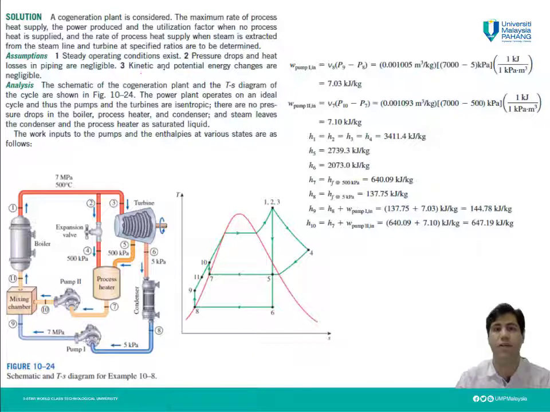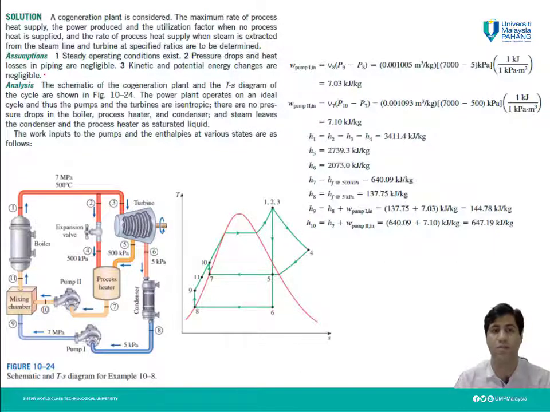And number three, kinetic and potential energy changes are negligible. However, in the real plant we have these changes in kinetic and potential energy, but to simplify our calculation we can have this assumption. Otherwise, it is not that easy to solve the problem.